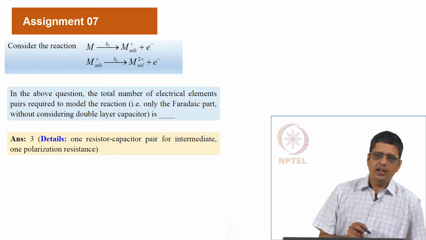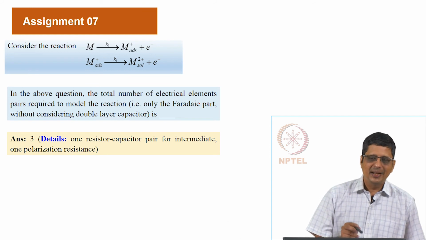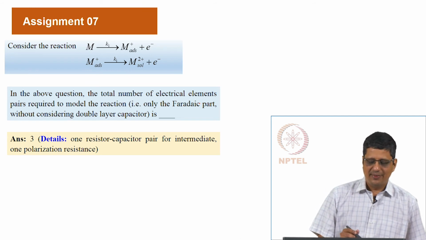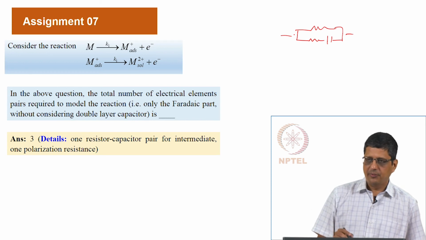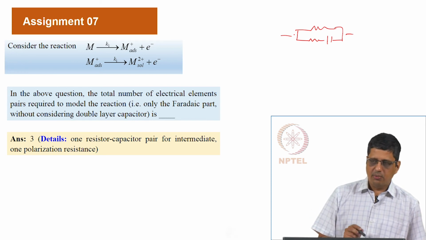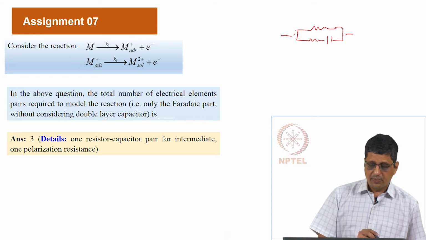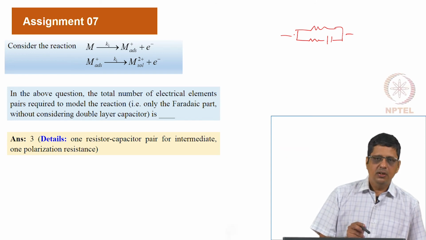So, how many electrical elements are needed to model a spectrum acquired at 1 DC potential? We have one adsorbed intermediate, which means the Faraday impedance can be modeled by this set of elements. So, 3 elements are required to model the Faraday impedance of this system. Again, that does not depend on whether the adsorption isotherm is described by the Frumkin model or by the Langmuir model.